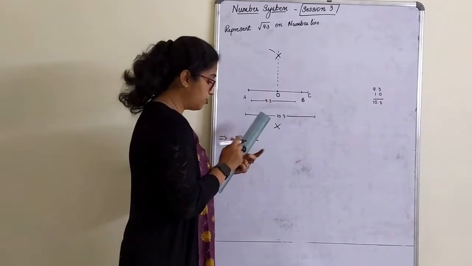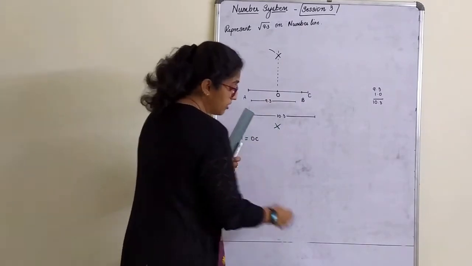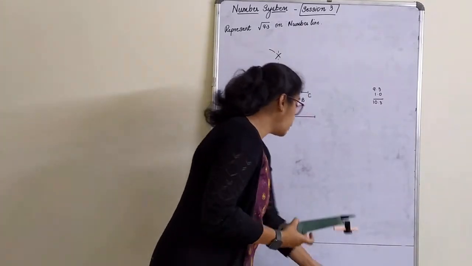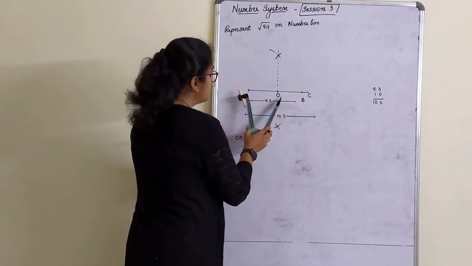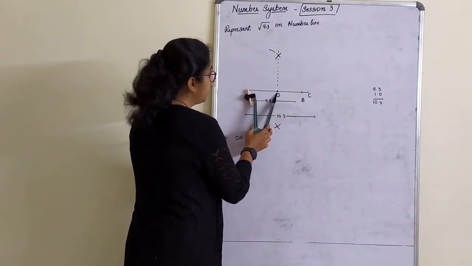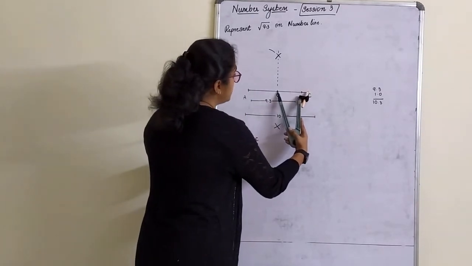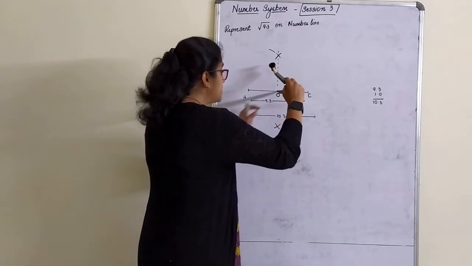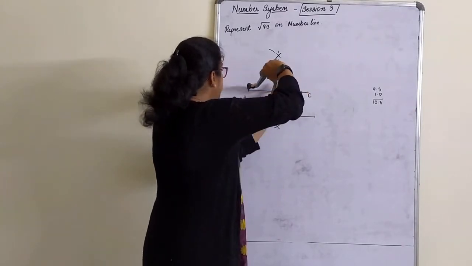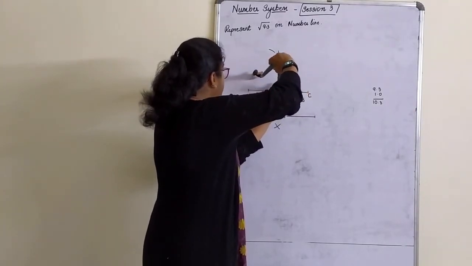Now what we have to do? Again take your compass, measure OA or OC with O as center. So measure this OA or measure this OC. It has to be same because we have bisected it. Keep your compass in the center and draw an arc.